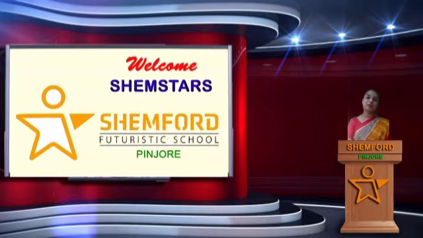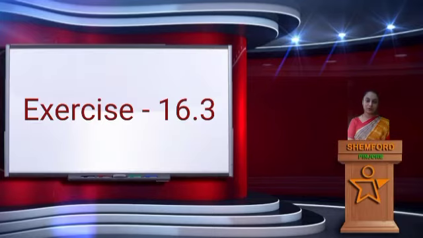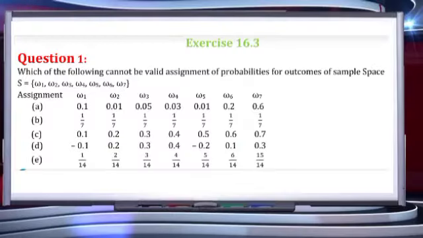Students, today we are starting with exercise 16.3, which is based upon the properties of probability. The very first question of exercise 16.3 is: which of the following cannot be a valid assignment of probability for the outcomes of a sample space given by S equal to {W1, W2, and so on up till W7}?